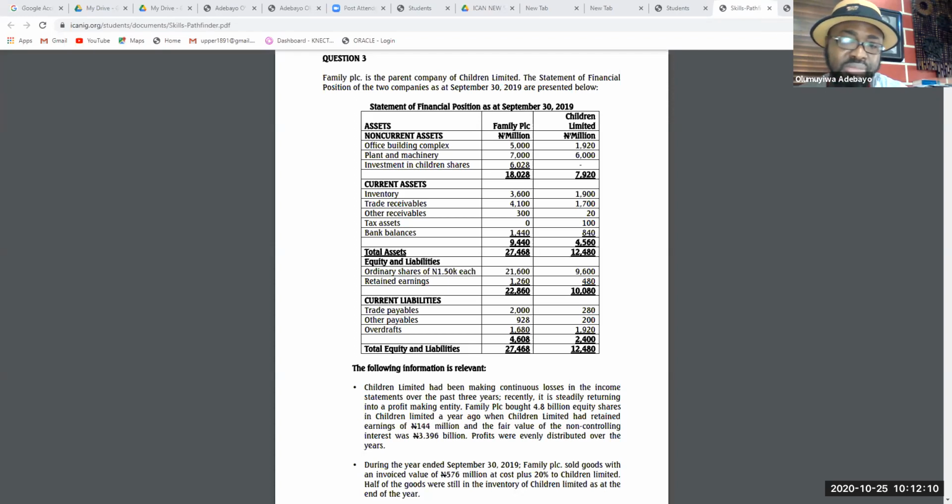And we are going to demystify how group adjustment is carried out for each level of transactions that occur within the group, which we call intra-group transactions, or in some quarters, they call it intercompany transactions. These are all what we are going to consider today.